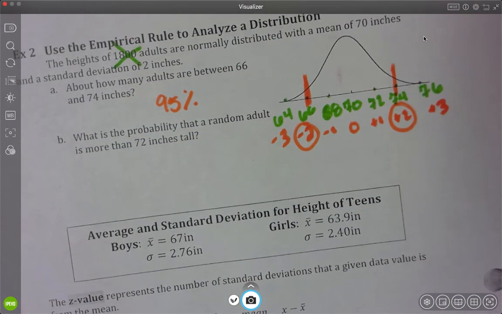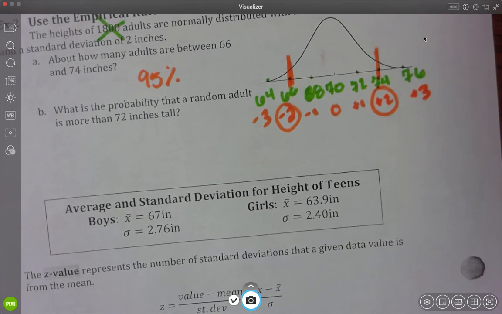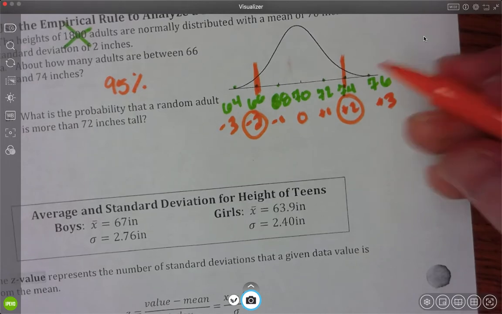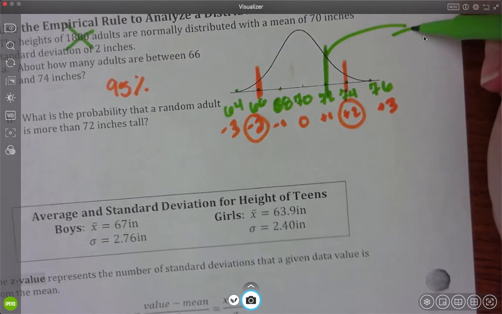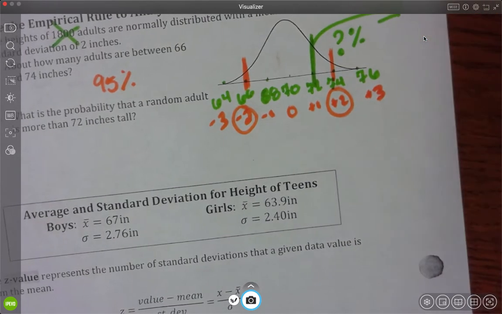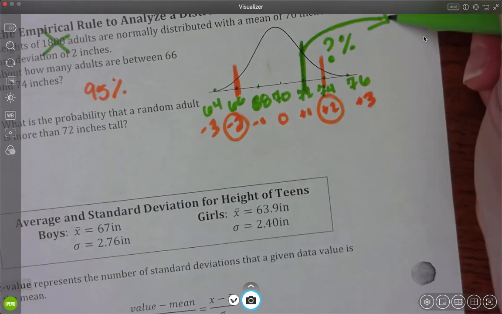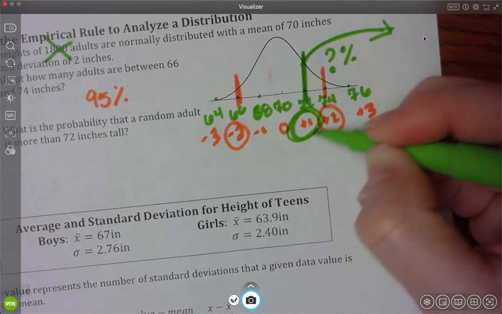Part B, what is the probability that a random adult is more than 72 inches tall? So now I'm saying from here and beyond. I want to know what percent is from 72 and beyond. 72 is at the +1.